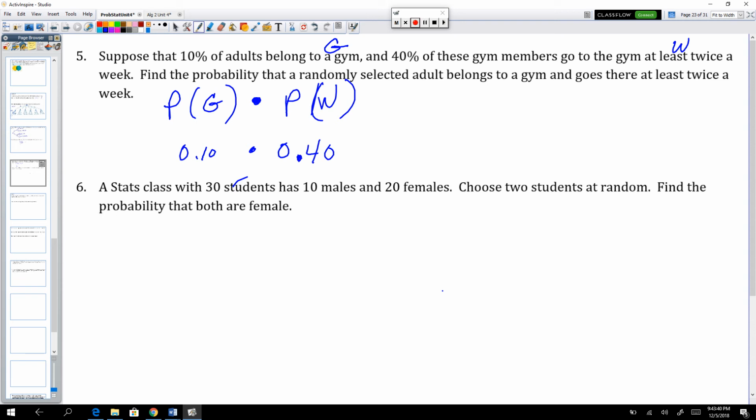If we were to multiply those together, you would get only 4% of all adults go to the gym and go there at least twice a week. Okay?